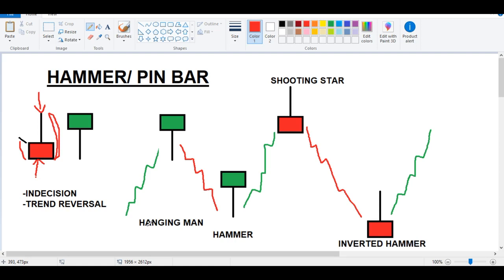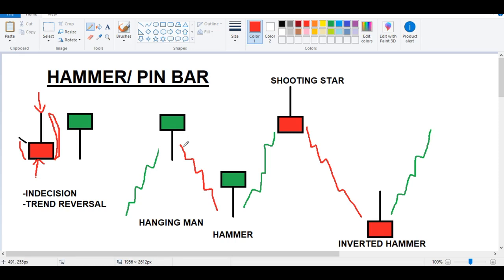So this is what it means. If you see this at the top of a trend, you need to be alert and cautious, because there's a really good chance price can reverse from there.